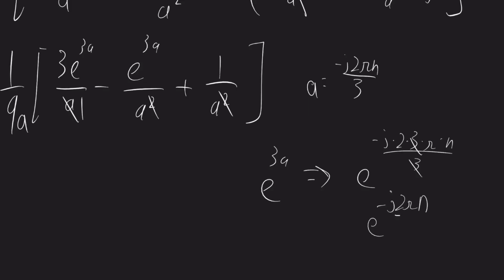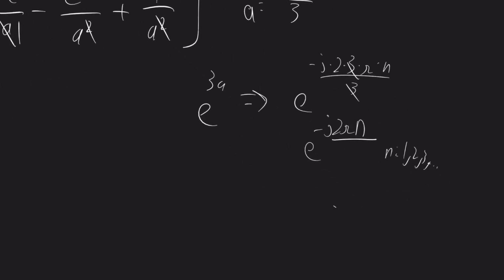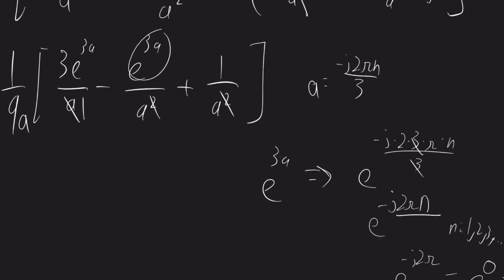And what this is saying is that for every integer n, which will be 1, 2, 3, continuing through all the harmonics, it'll be e to the negative j times 2 pi, which is equivalent to e to the 0, which will always be 1. So any e to the 3a is just going to be 1.